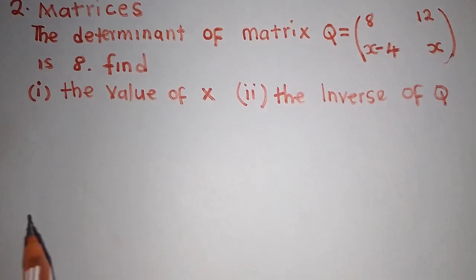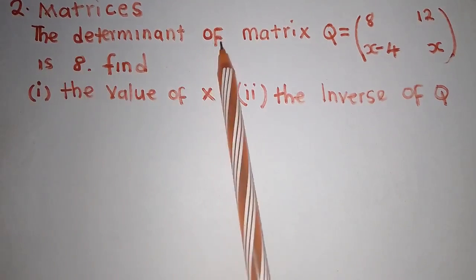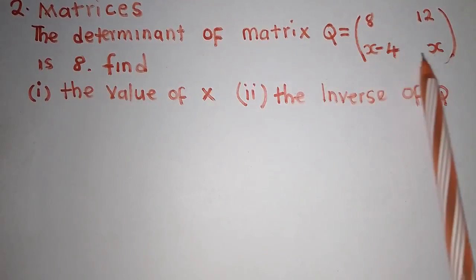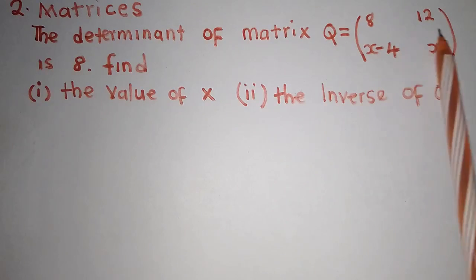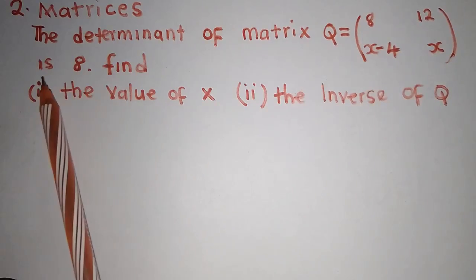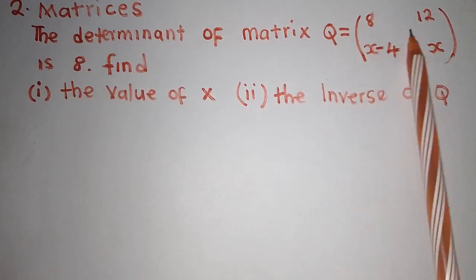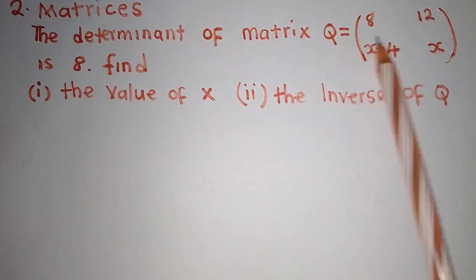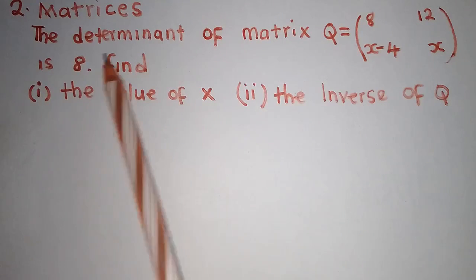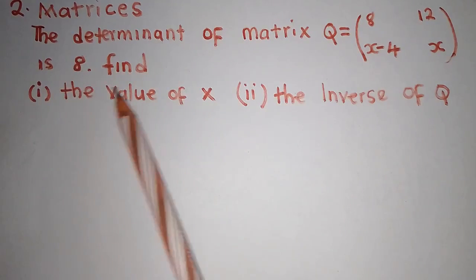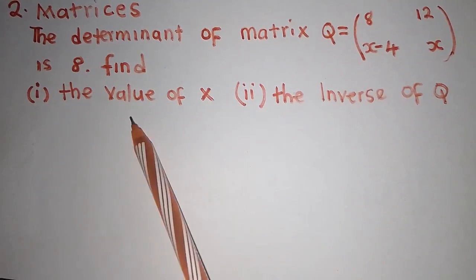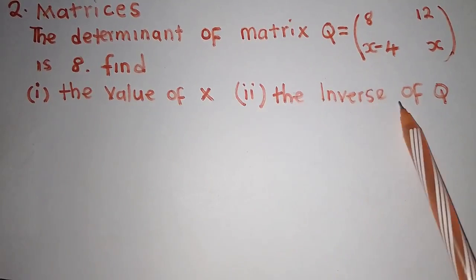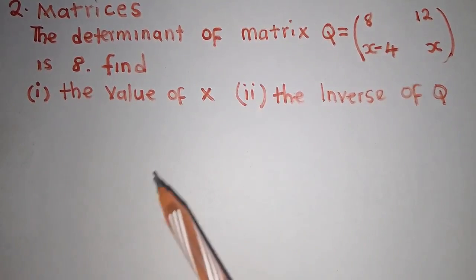The question is saying, the determinant of matrix Q is equal to this. So the determinant of matrix Q, this is matrix Q, the determinant of this is 8. First question, find the value of X. Second question, find the inverse of Q. So this is what we are given.